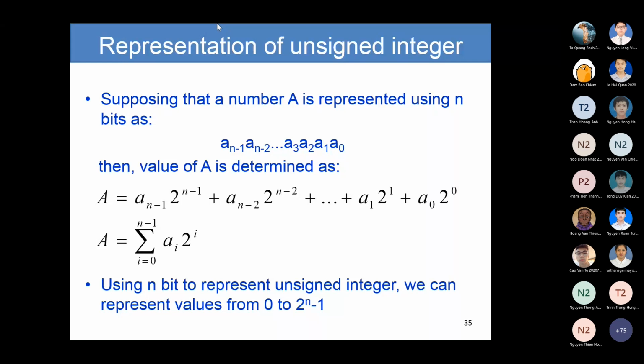So given a number in real life, it means in the decimal system, we can find how to represent it by converting it into the binary system. The second way, given a representation of a value in computer, it means we are given a list of binary digits, and how to determine its value?